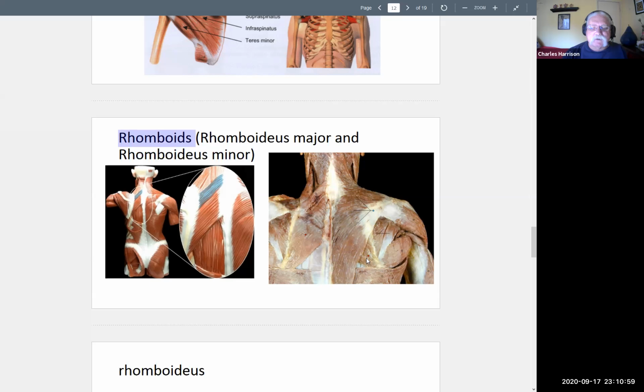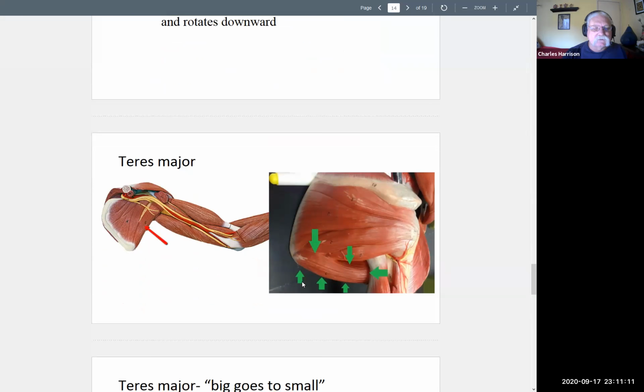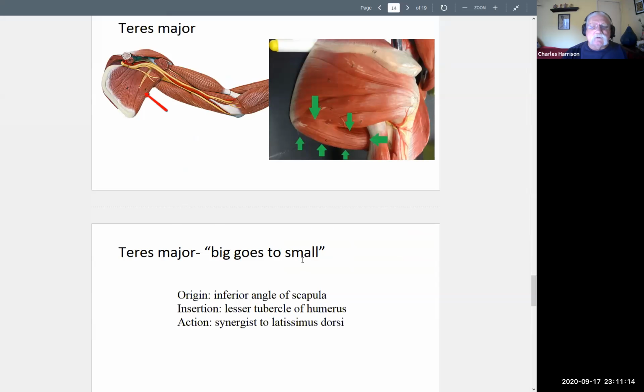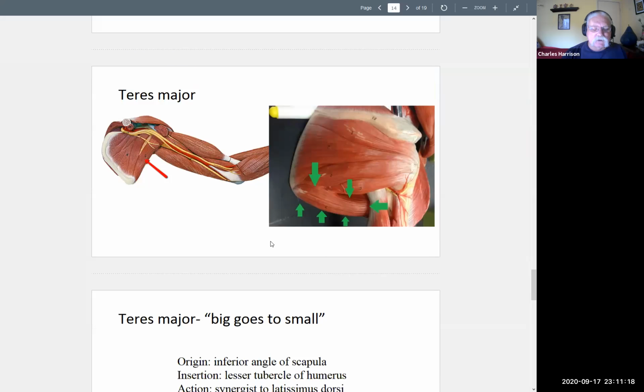And in this shot of the cadaver, here are the rhomboids. And here is the trapezius. The teres major, you and I haven't come across yet. We will. So if you can, just either skip this or forge ahead and teach yourself a little bit.